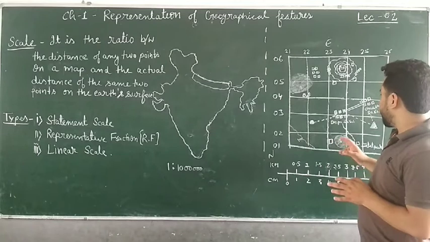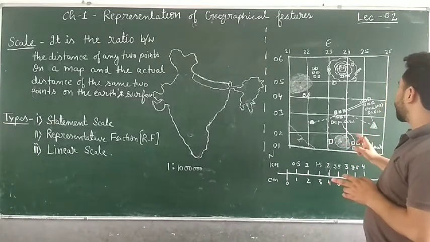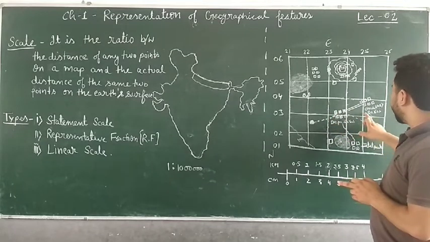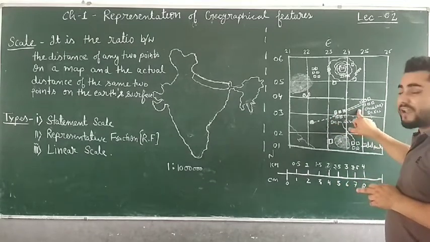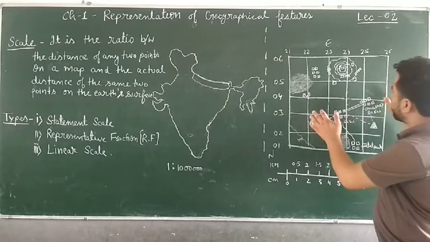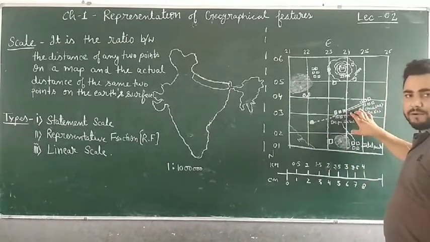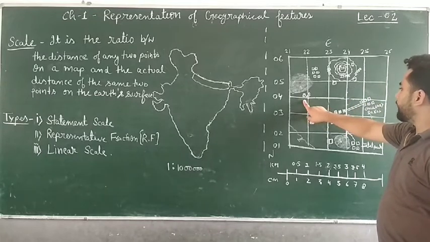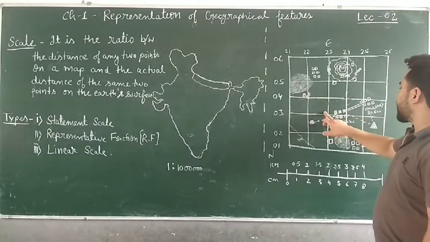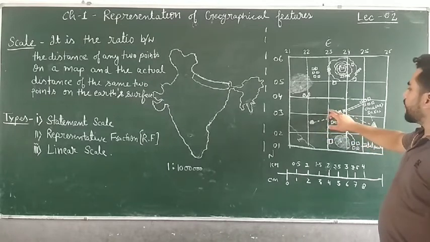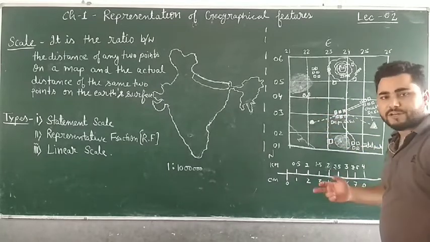Suppose the actual distance between Deepa Sarai and Chaudhary Sarai is 5 kilometer. On paper you will take it as 5 centimeter. Likewise, the distance between the bus stand and Deepa Sarai is 4 kilometer, so on the map you can take it as 4 centimeter.